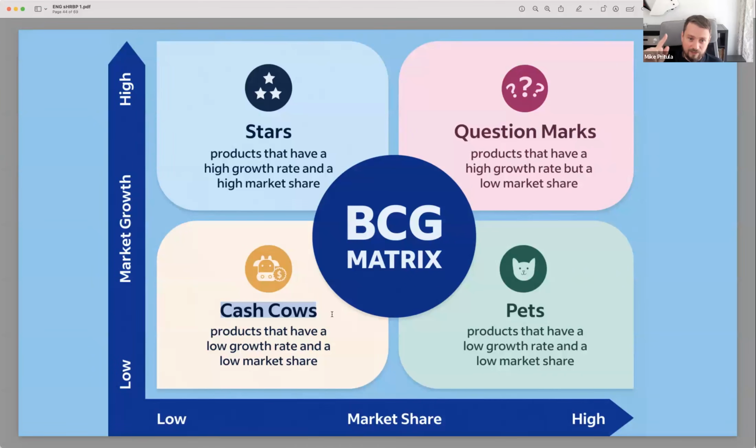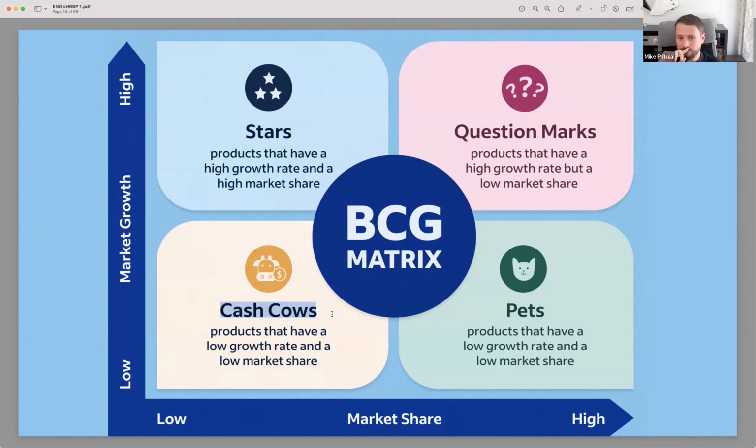Stars, we call the products with high market growth and high market share. So it's growing and we have a lot of attention on it and we expect a lot from it. We expect stars to become a cash cow. That's why we're building that.